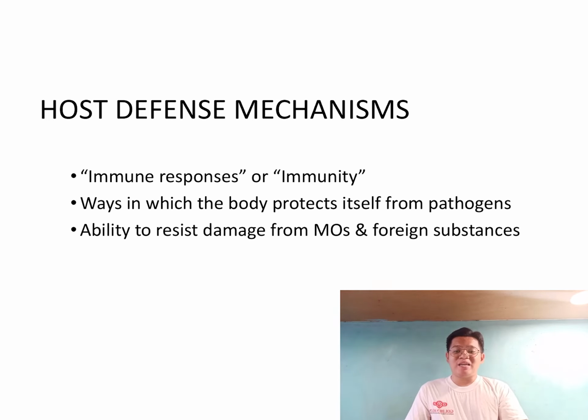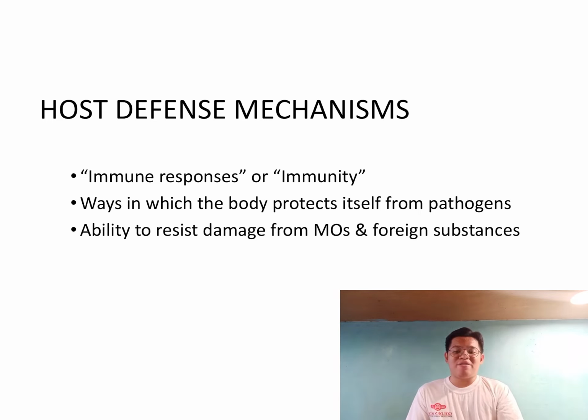And we have the active or the adaptive immunity. It develops throughout our lives. And we develop active immunity when we're exposed to disease or when we're immunized against them with vaccines.